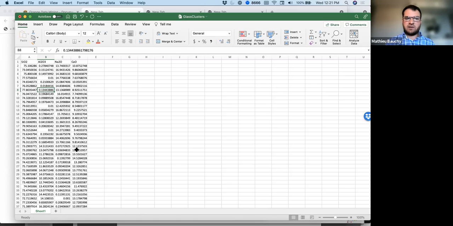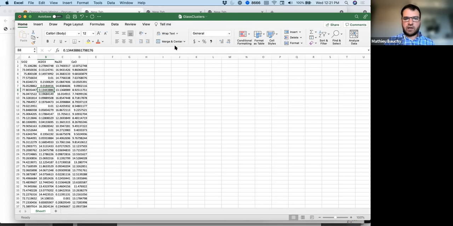The idea is that if we do that, then we can find groups of glasses that most likely belong to different families of glasses. Some of them might be window glasses, some of them might be something else, but we do not know that. We do not have any label for those glasses. The only thing we know is their composition, and we want to group them into groups of glasses, right?